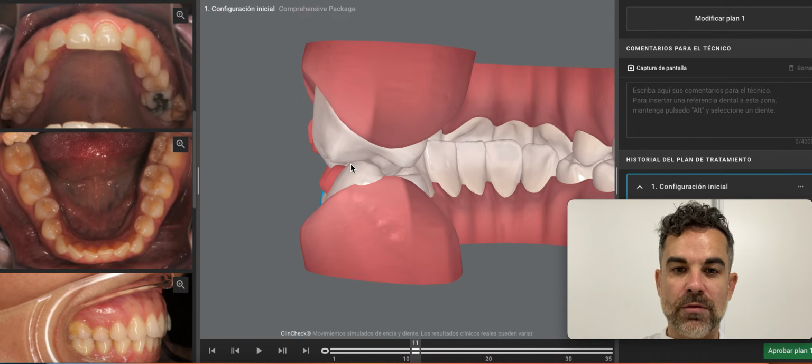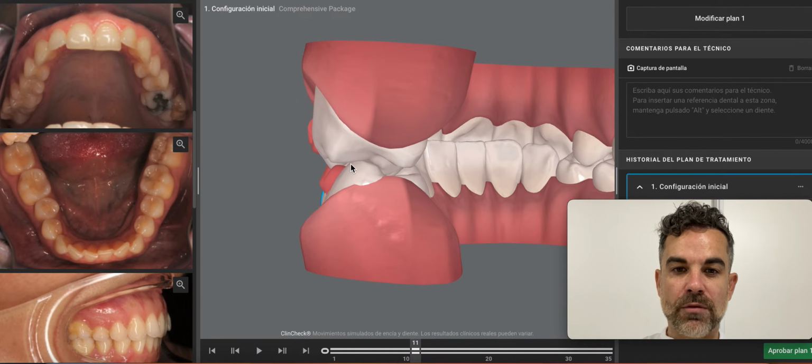Since we do not have to over-engineer and hyper-correct this situation, we can just avoid this movement instead of going to buccal, and not have this perfect relationship in between the upper and the lower molar, and this will ensure that this movement is happening.